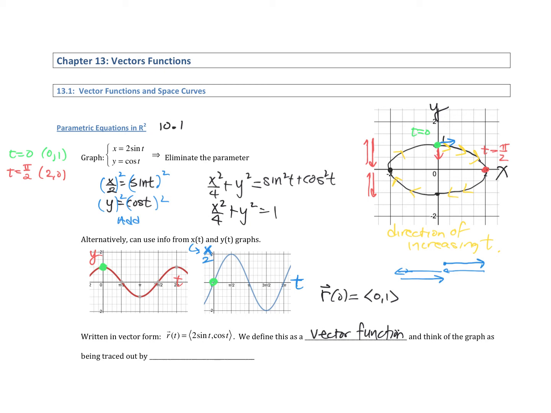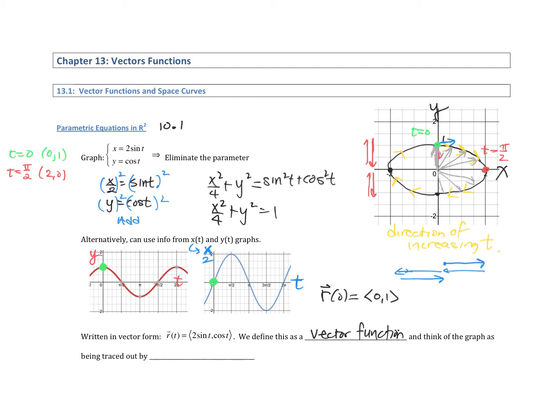Well, it's a vector that is pointing from the origin to that point 0, 1. It's pointing to where that object is on that curve at that time. And as t increases, what that r of t is going to do is it's going to point to where we are on the curve at any given time.